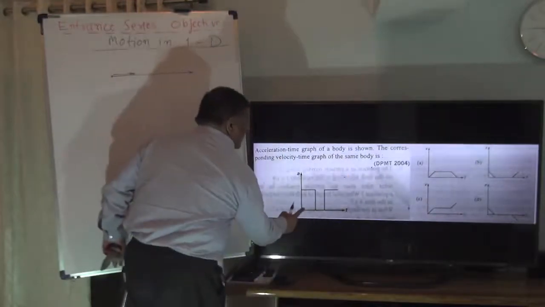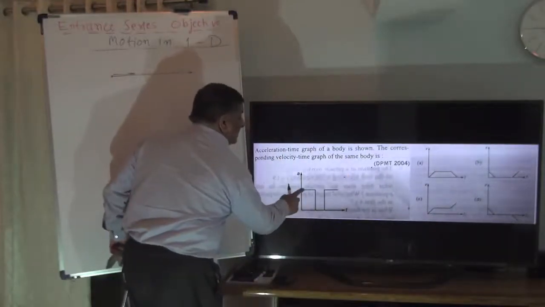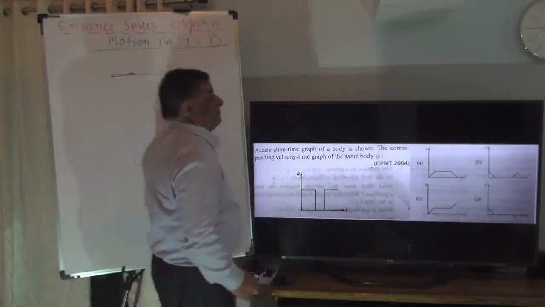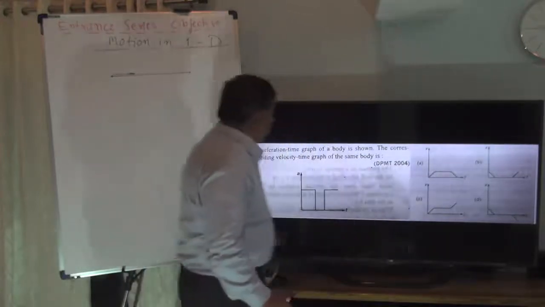For a certain time, velocity increases because of this acceleration. Out of these two, after that, what happens?